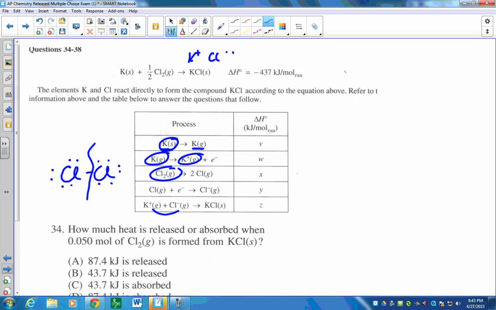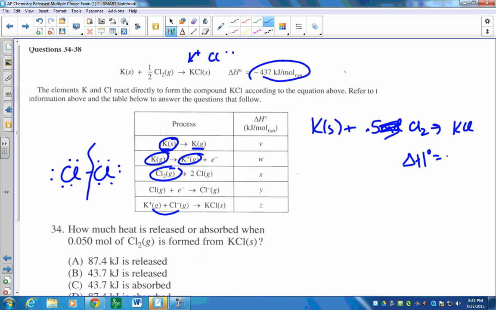Now, how much heat is absorbed or released when not 1/2 mole of chlorine gas is used, but 10 times less? So the equation right now says that when you have 1 mole of K and 0.5 moles of Cl2, you get 1 mole of KCl, and the delta H of that reaction is negative 437 kilojoules per mole.